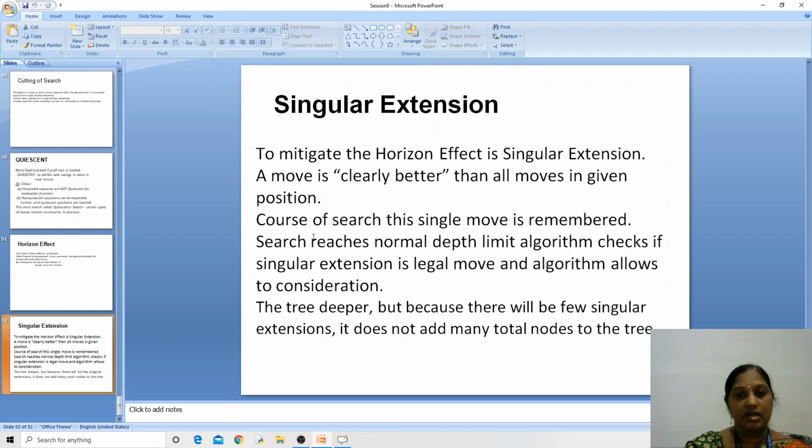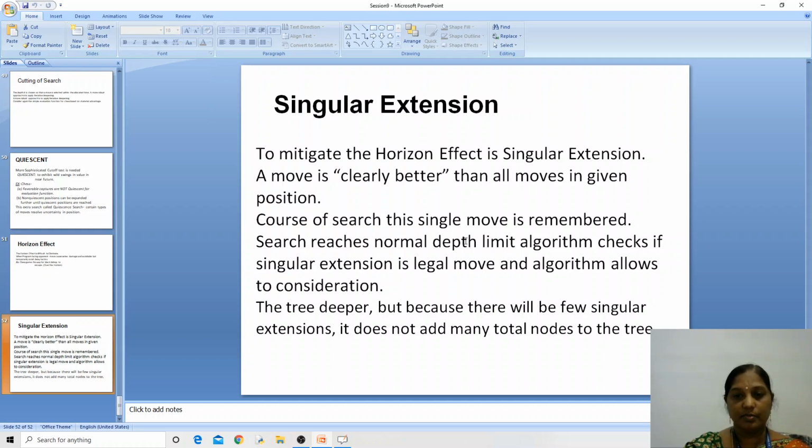And next, singular extension. To mitigate the horizon effect in a singular extension, a move is required that is clearly better than all other moves in the given position. So if any damage occurs for the opponent's step, then you say that it is clearly better to move from the horizon effect to the singular extension. In the course of search, the single move is remembered.